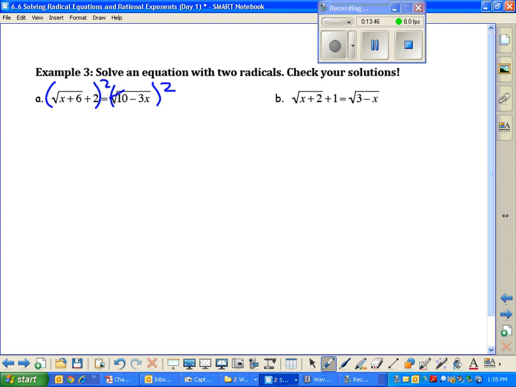If I square the square root of 10 minus 3x, I just get 10 minus 3x. So pretty happy about the way the right side of that equation turned out. Presently, I need to take my own advice and write small. Next, I've got to square the left side. Am I allowed to just distribute that exponent into that set of parentheses?